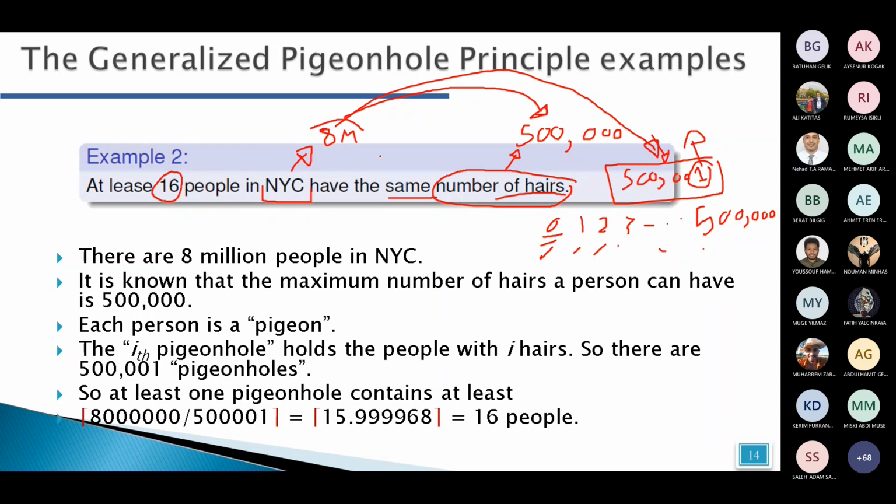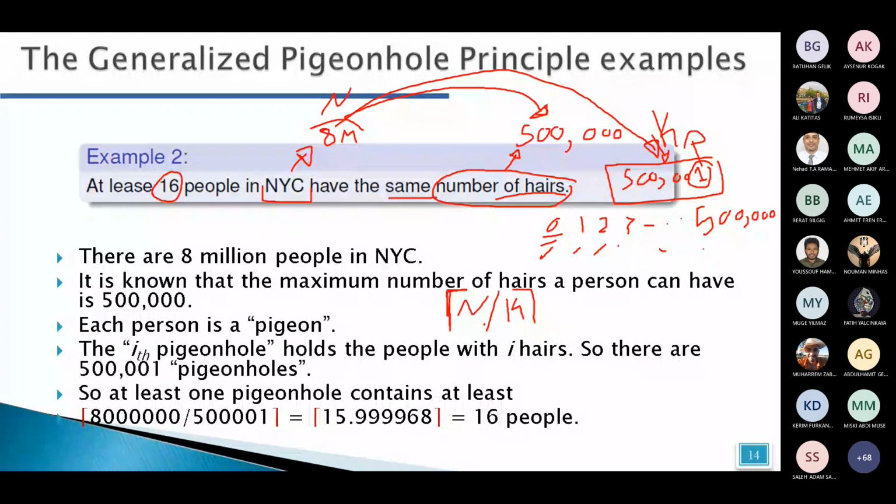So this is N, this is K. To get how many at least, we will make N divided by K, but we have to take the next integer value.